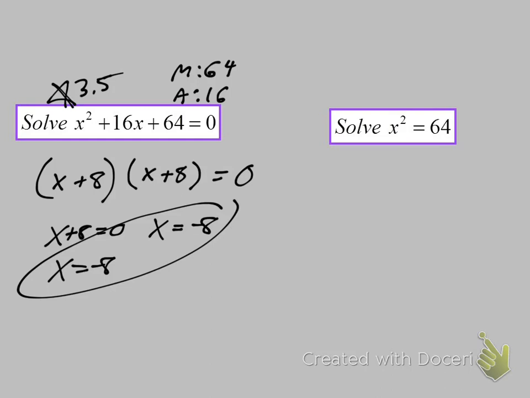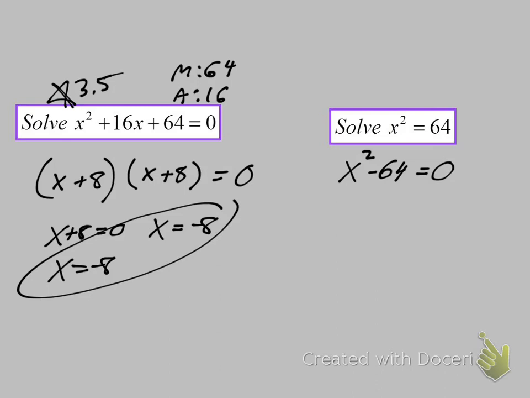Now, the second one you might have an idea of how to do, but I'm going to make it equal 0 because I want to solve this by factoring. So you have x squared minus 64 equals 0. This is obviously not a trinomial as written, but you can treat it like one when you factor it.